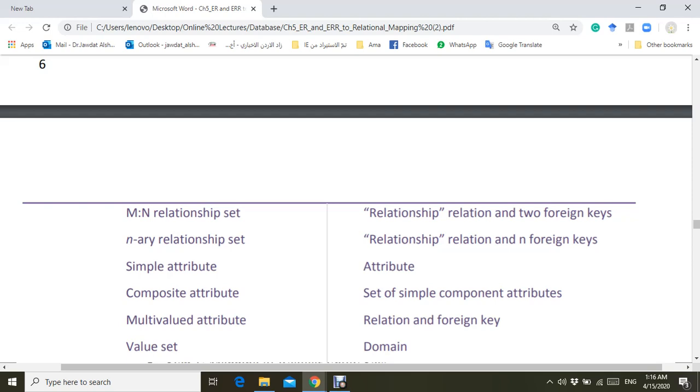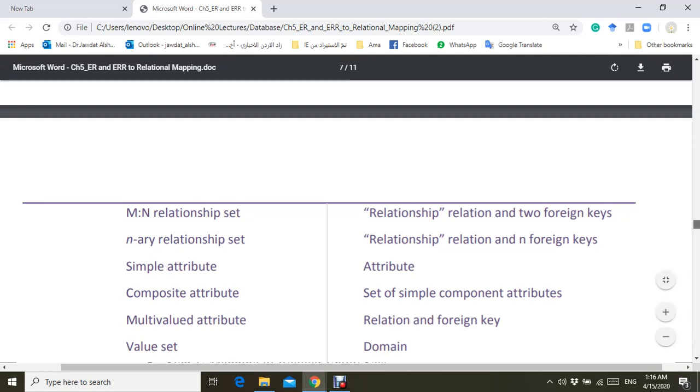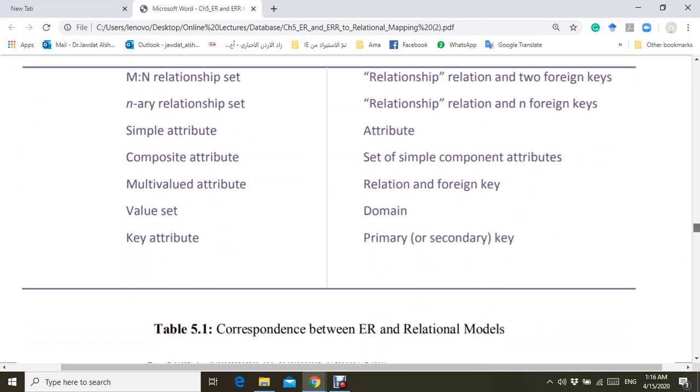The multi-valued attribute will become a relation with a foreign key. The foreign key is part of the primary key. A multi-valued attribute belongs to a relation, so we put the primary key of that relation as a foreign key in the relation that represents the multi-valued attribute, besides the value or multiple values in this relation.